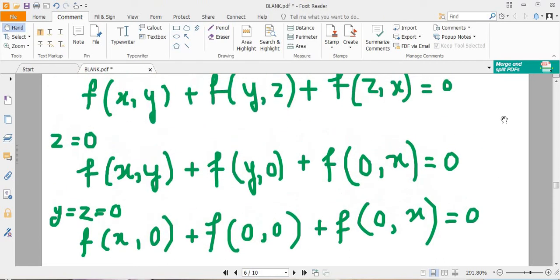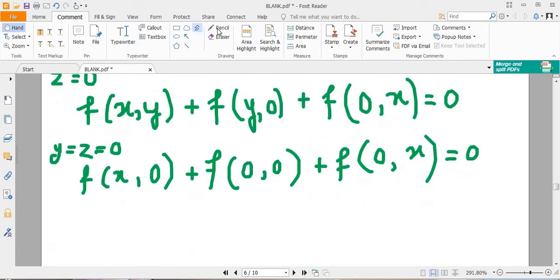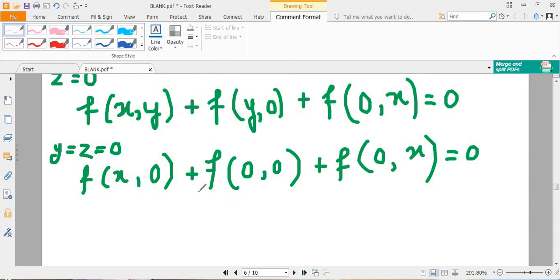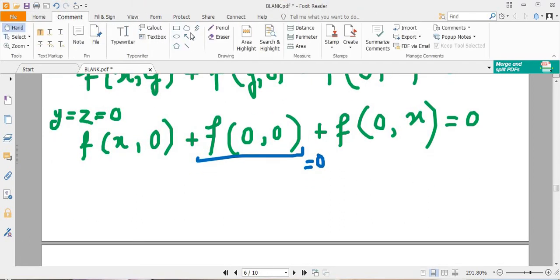Now we can use something that we found out earlier. We found that f(0,0) is 0, right? So this part f(0,0) is actually 0. So we can safely write that f(x,0) plus f(0,x) is 0, right?